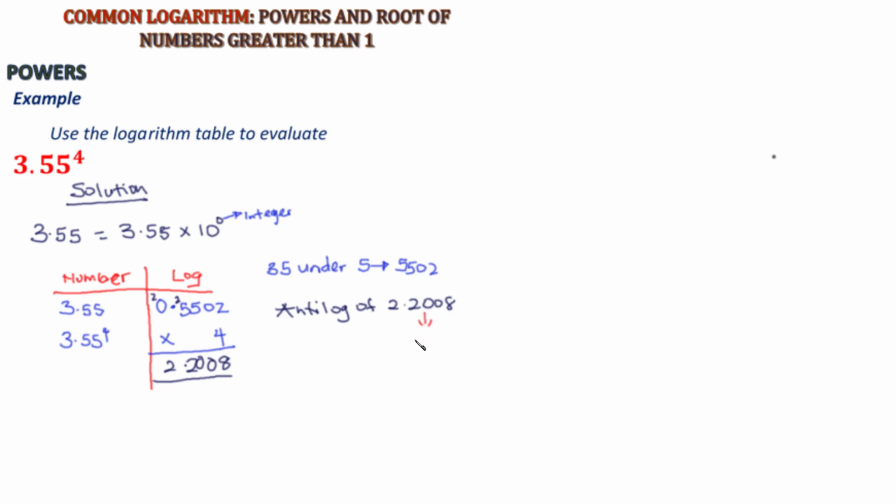Now here, what are we going to be using? I told you that for anti-log, you use the fractional part only, and that is 20 under 0, with a difference of 8. Now let's look for the value fast. Let's go to our anti-log table.